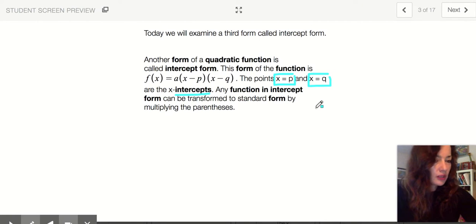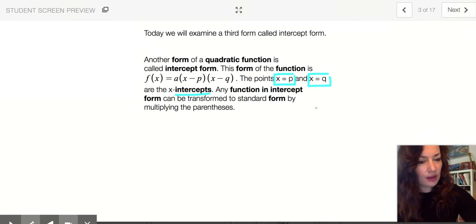Now we just use the letters p and q, but we could have used any other letters in the alphabet, of course, except for x and y, because we already have those set as our input and output values.